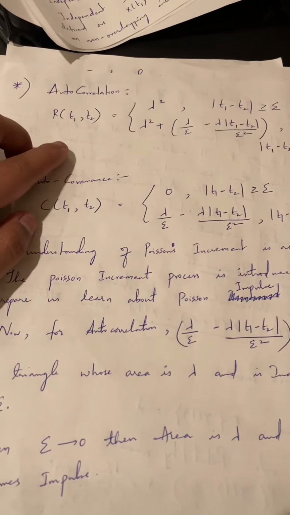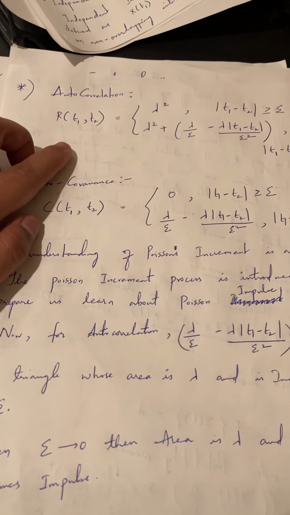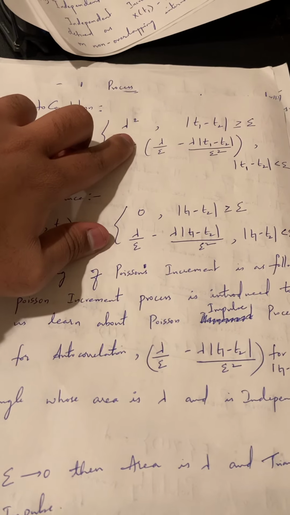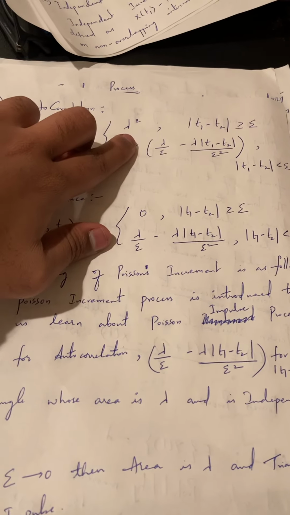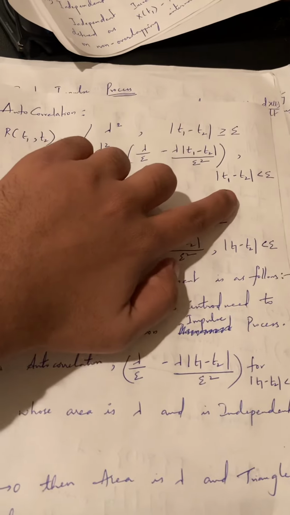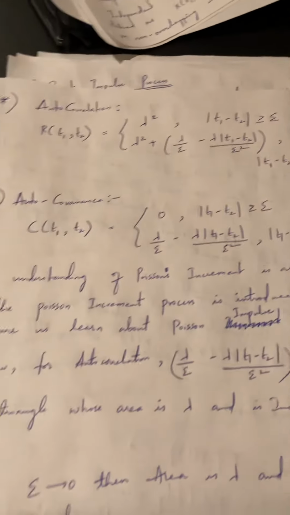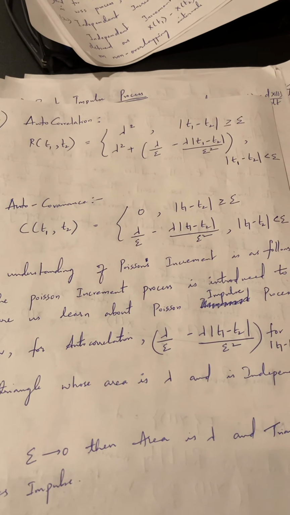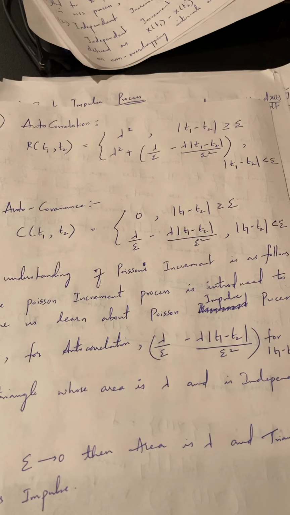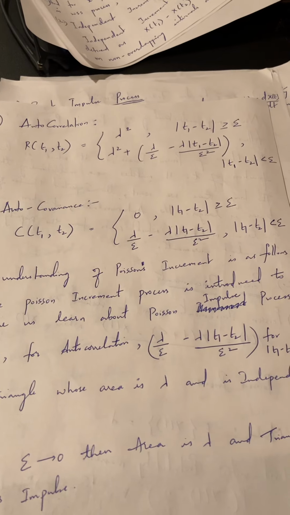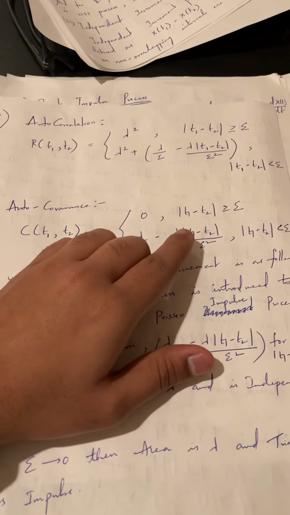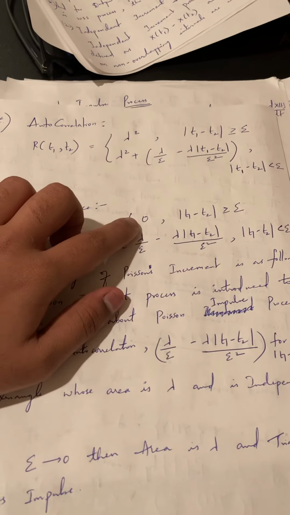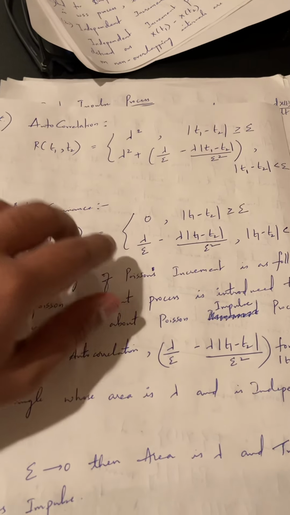The autocorrelation of the Poisson's increment R(t1, t2) is this equation when mod of t1 minus t2 is greater than or equal to epsilon, and this equation when mod of t1 minus t2 is less than epsilon. The autocovariance, similar to autocorrelation, depends on the time interval mod of t1 minus t2 greater than or equal to epsilon and less than epsilon. The values are 0 and this respectively.